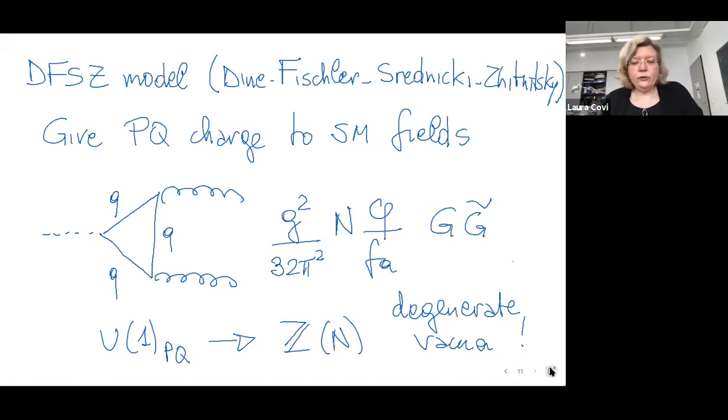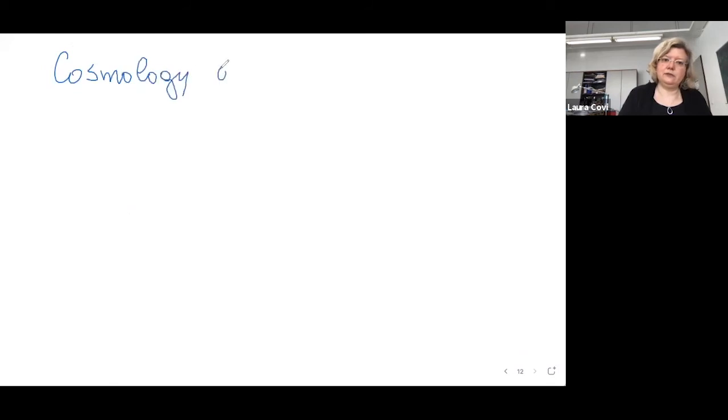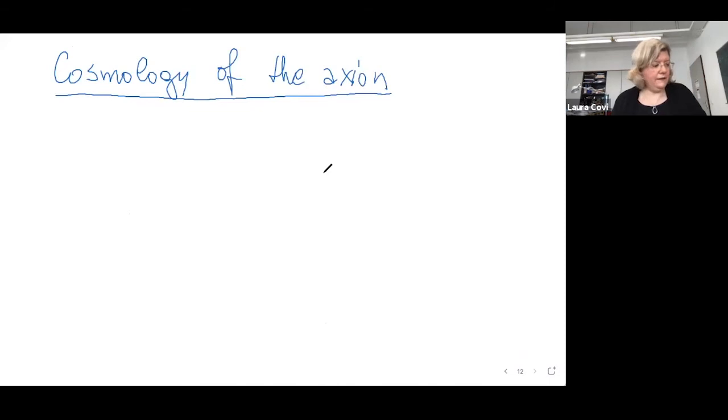Let me go now to the cosmology. This is maybe the most interesting part. The first thing you could ask me, and indeed the first thing I will discuss, is can I produce the axion as a thermal relic?